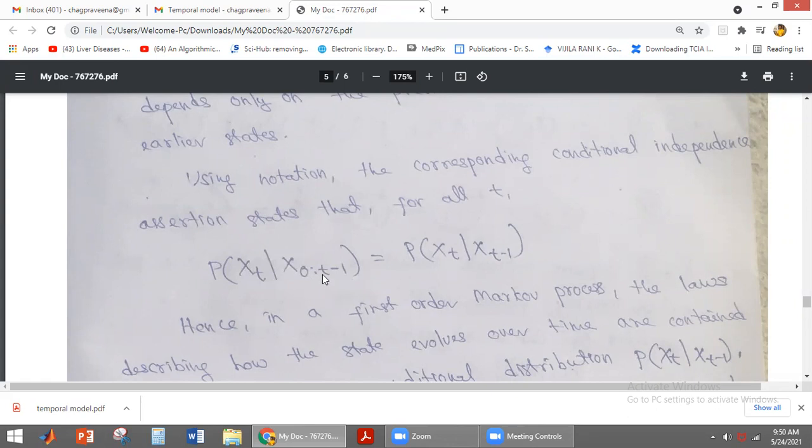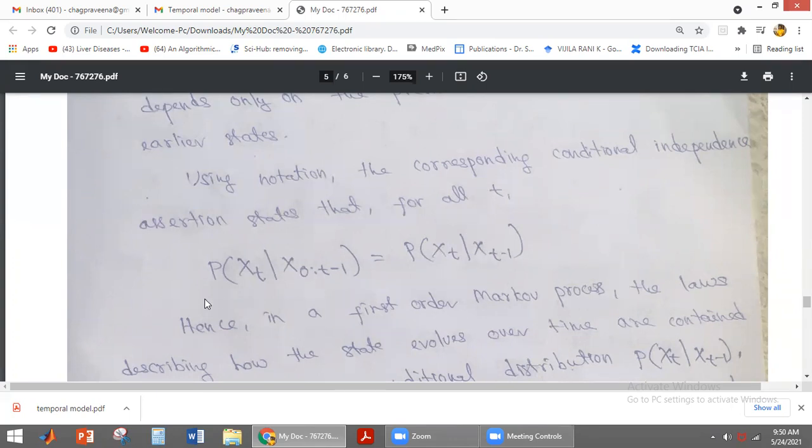In a first order Markov process, the current state depends only on the previous state. So this is equal to P of xt given xt minus 1. Xt minus 1 is the parent of xt. So the current state xt depends only on the previous state xt minus 1.